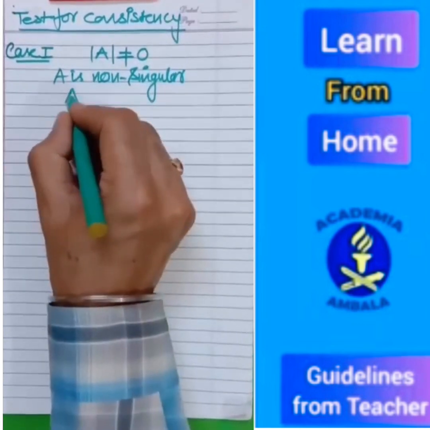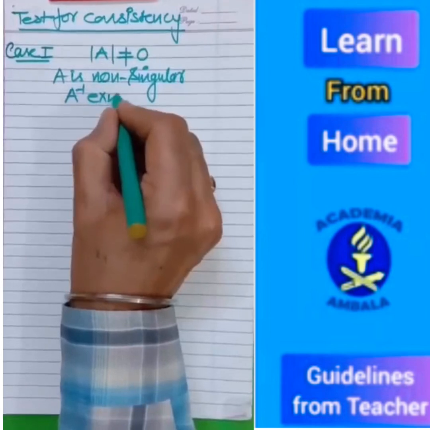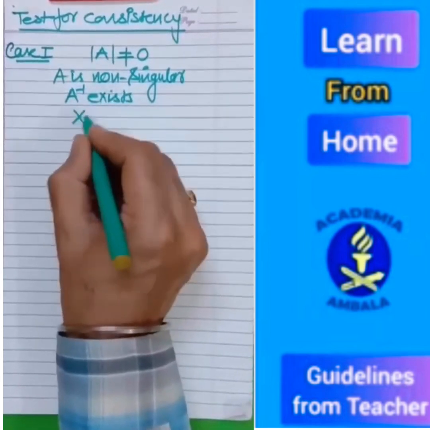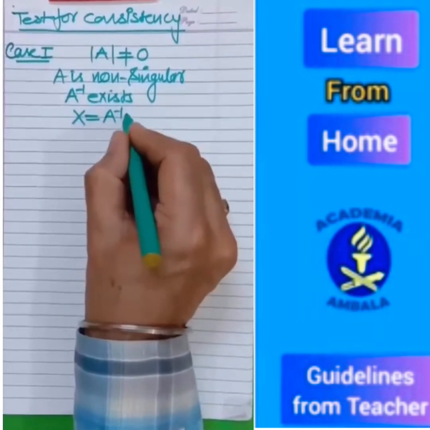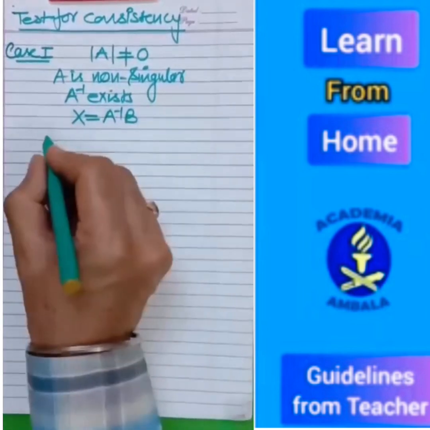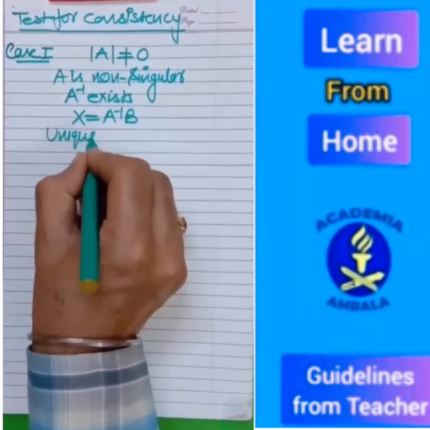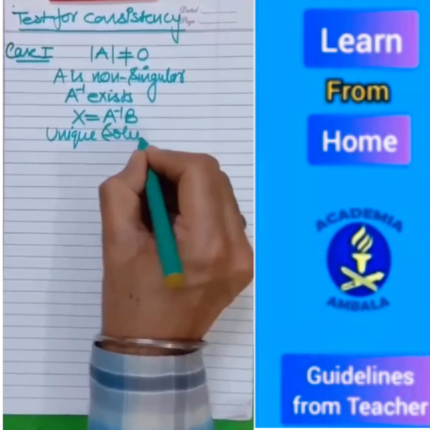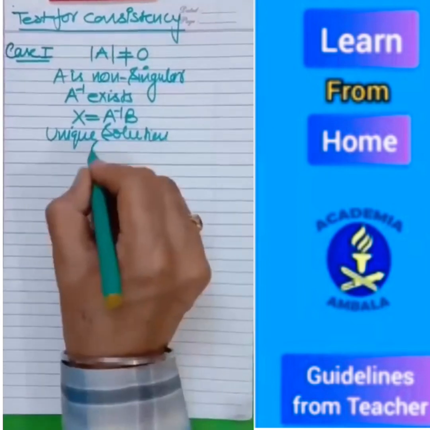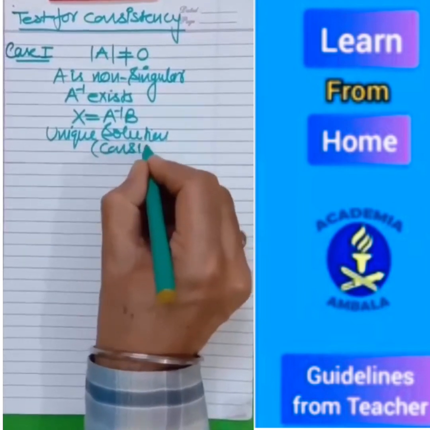Non-singular means A inverse exists, so we can find directly X is equal to A inverse B, a unique solution. Here we have a unique solution, or you can say that it is consistent.